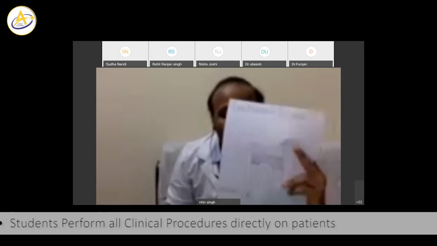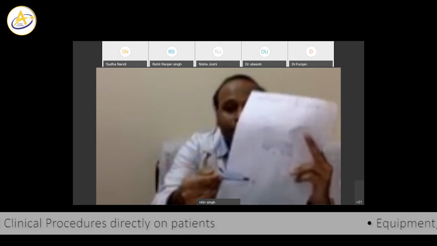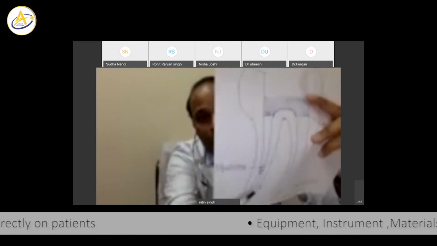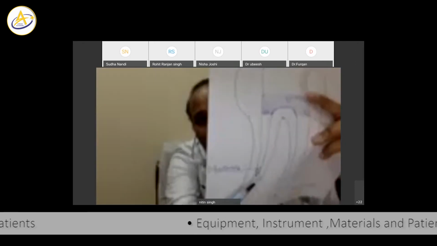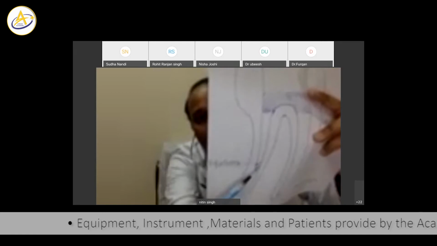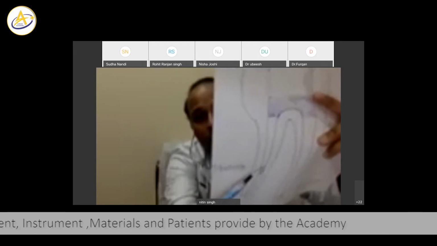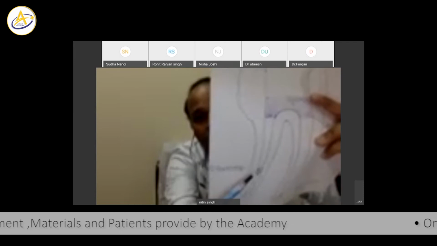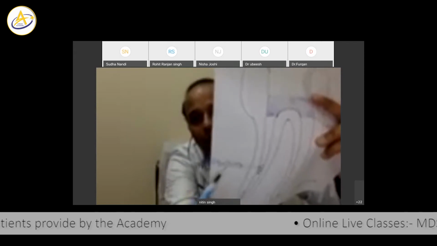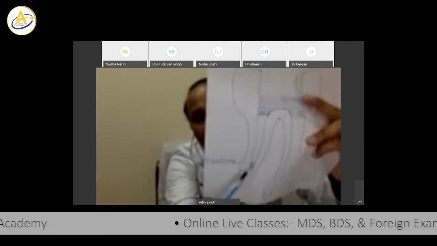Now in the canal, I'm putting this paper close to the screen so you can appreciate it. You can see small calcified masses, known as diffuse denticles, inside the canal.